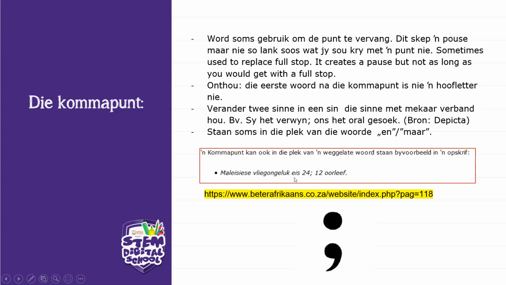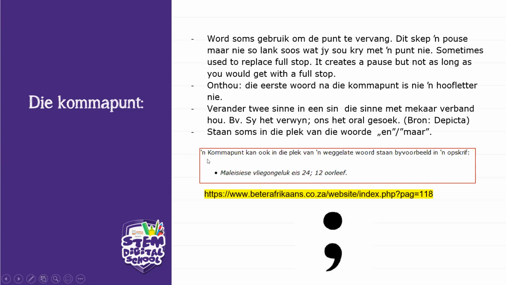Soos Maleisië se vliegongeluk eis 24, 12 oorleef. So a Malaysian plane crash, 24 die and 12 survive. So that comma punt there replaces a word.